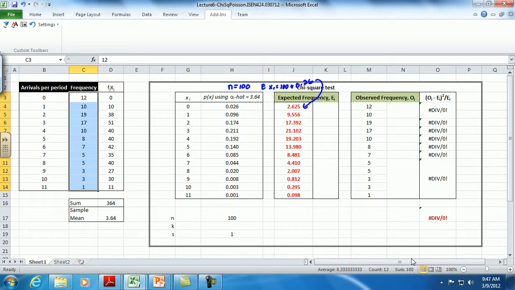Okay, and you do the same thing for all the random variables. So 100 times 0.096 is 9.556, and so on. Okay?